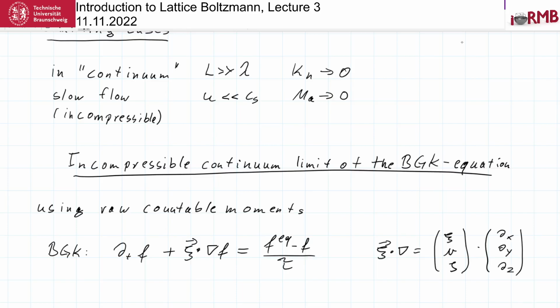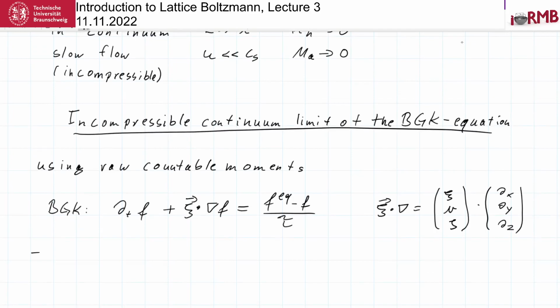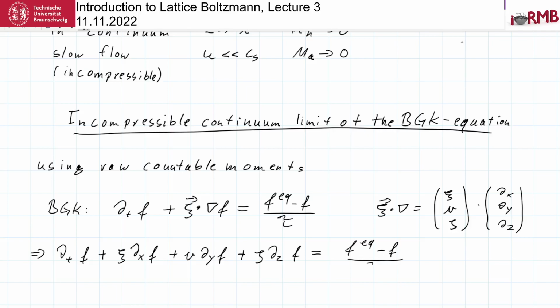So this is this operator here, which means that we can write our BGK equation, if we expand it, like this. So we have xi times dx of f plus upsilon dy of f plus zeta dz of f equal to the collision operator. Okay, so far so good.